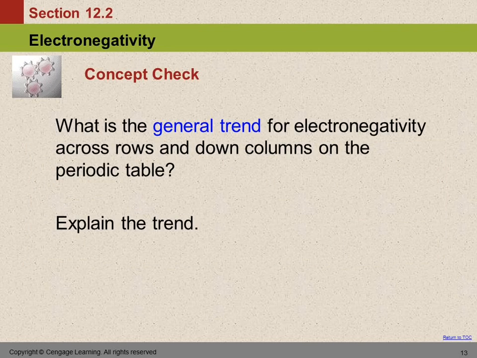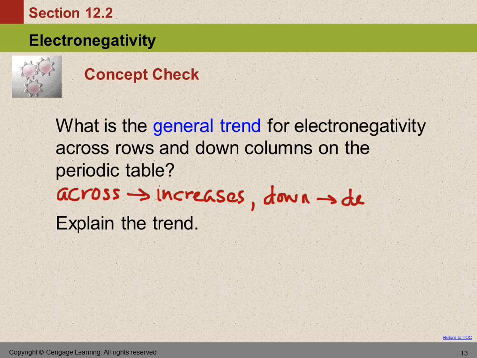Across increases, and if I go down, it decreases because I'm going away from fluorine. So if I go down a column, electronegativity decreases.